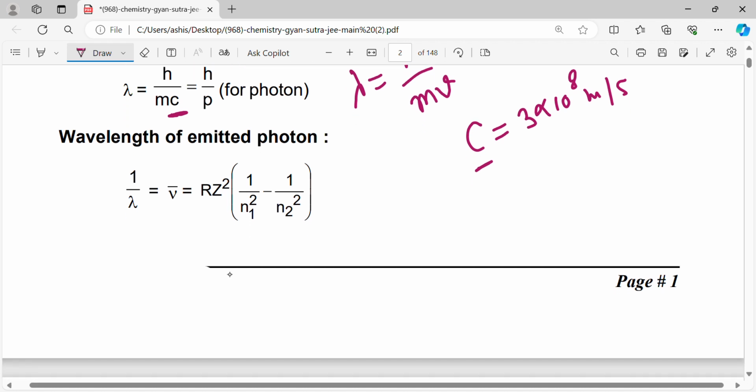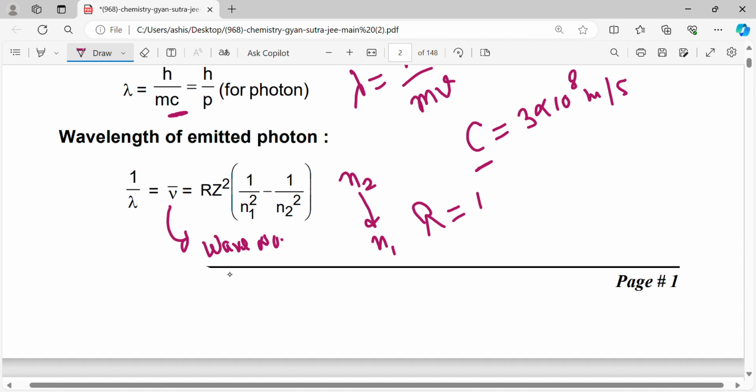The wavelength of the emitted radiation is given by the Rydberg formula, especially in the hydrogen spectrum. So nu bar, that is the wave number, is equal to 1 by lambda, and it is equal to R z square into 1 by n1 square minus 1 by n2 square, when an electron jumps from n2 to n1 shell in the hydrogen spectrum.